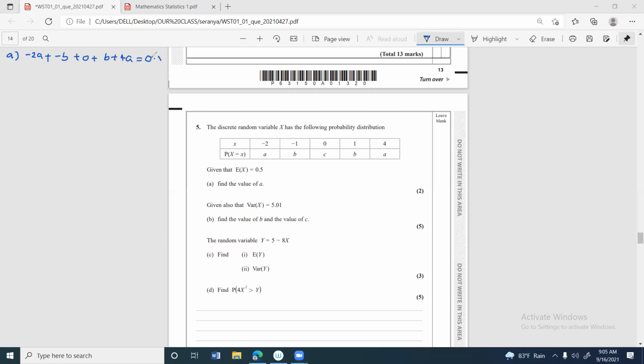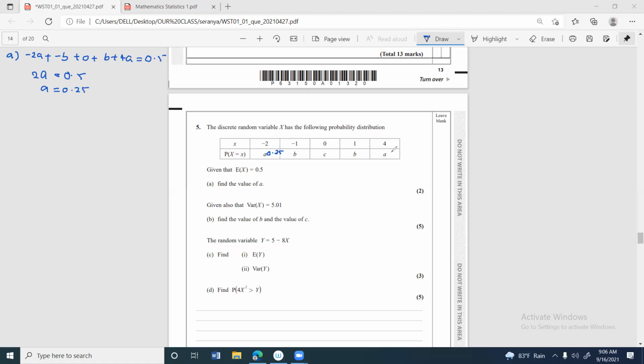If you simplify this, it turns out to be -2a plus 4a is 2a, and -b plus b cancel each other. So 2a equals 0.5. Therefore, a becomes 0.25.